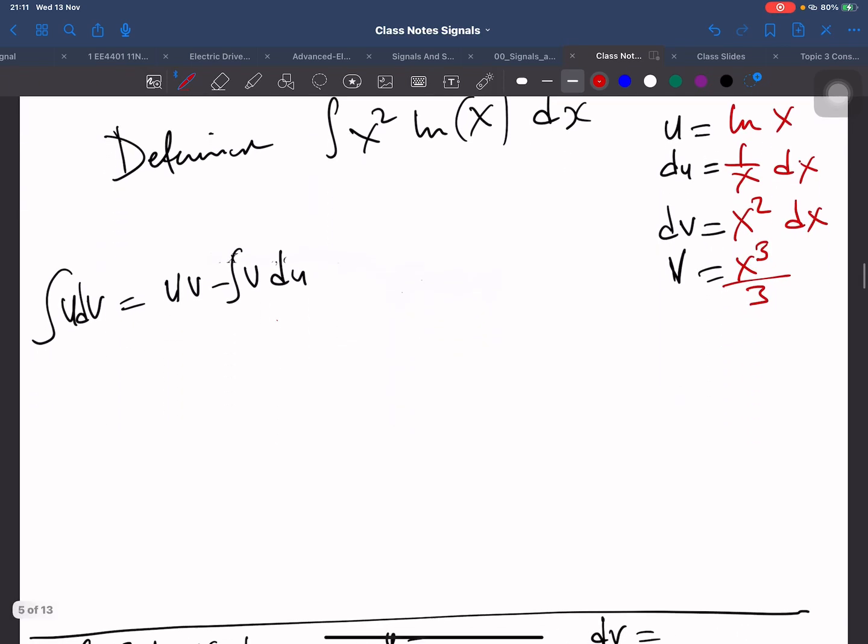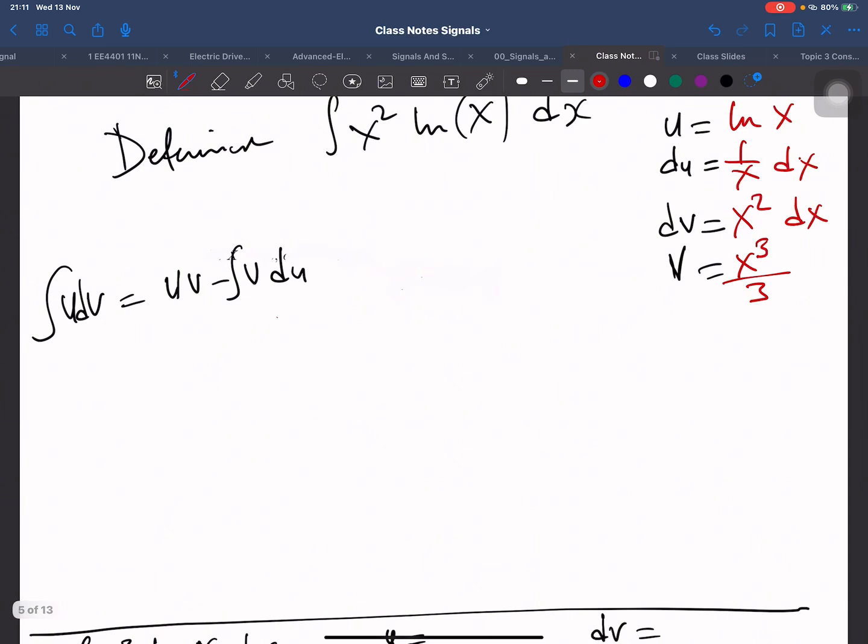So we now add it to the formula. It now becomes the integral of x squared ln x dx is equal to uv, which is ln x multiplied by x cubed over 3, minus the integral of x cubed over 3.